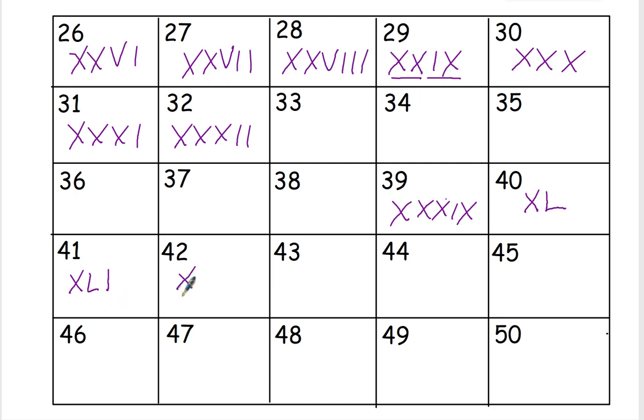And then we have 42, 43, and 44, which would be XLIV again, and then it continues like that.